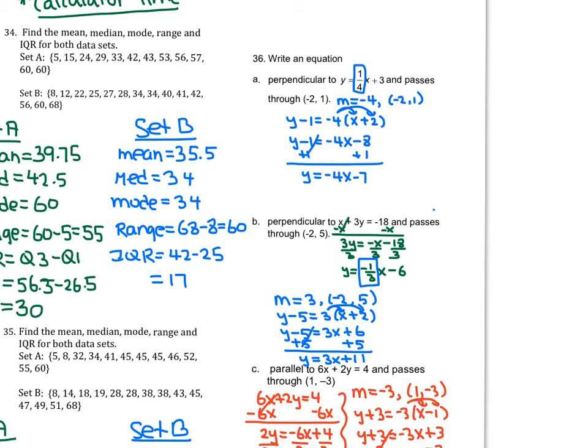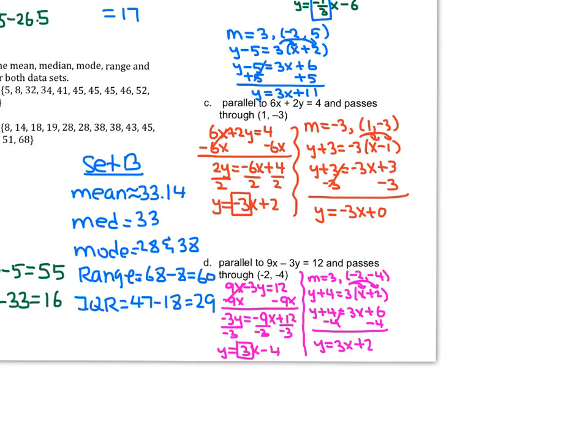So that means it'll be 3 over 1, not 1 over 3, and it'll become positive. So my slope is 3. My point that they gave me is (-2, 5). I'm going to substitute that into the point slope, changing the signs. y minus 5 equals 3(x plus 2). Solve for y. My equation is y equals 3x plus 11.